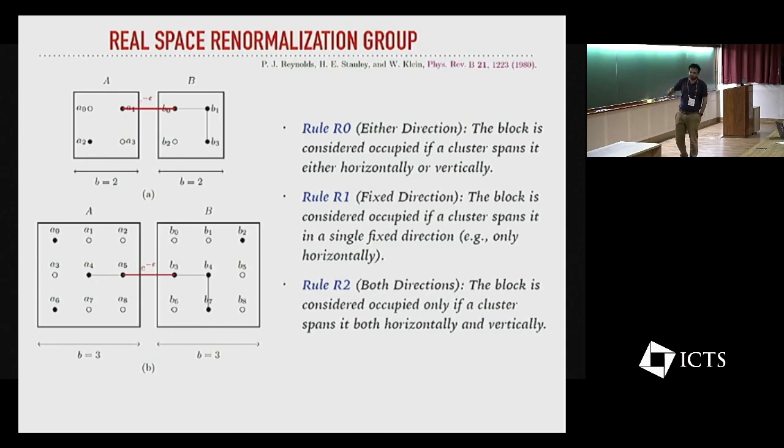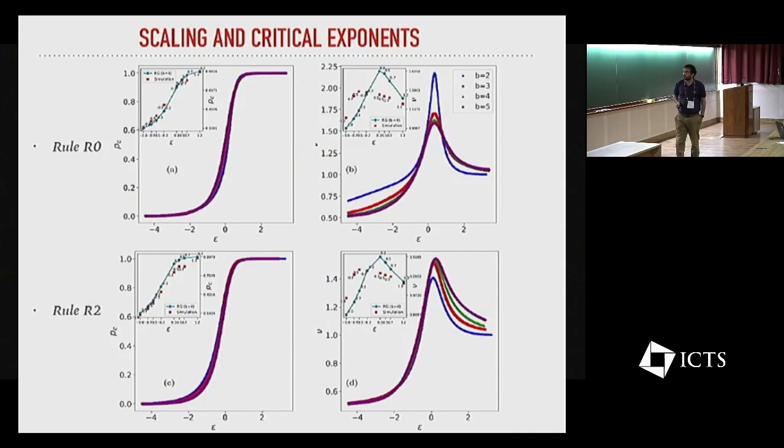Using these definitions, you can go into the renormalization group of such a system, and here are our predictions for the RG, where the critical percolation probability is computed using different block sizes, b equal to 2, 3, 4, and 5. After that, the expansions become quite hard to do, but we can push it up to about 6.